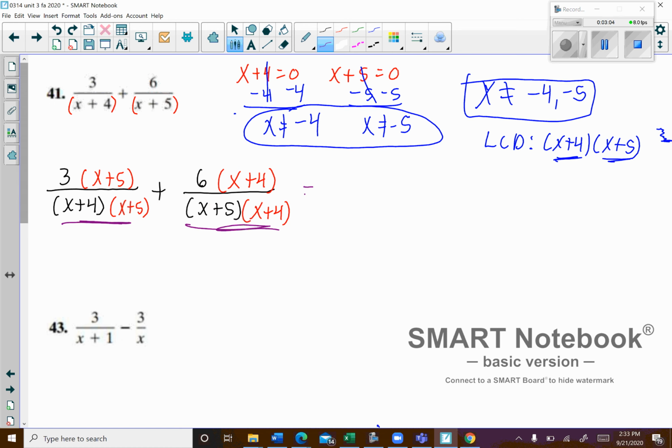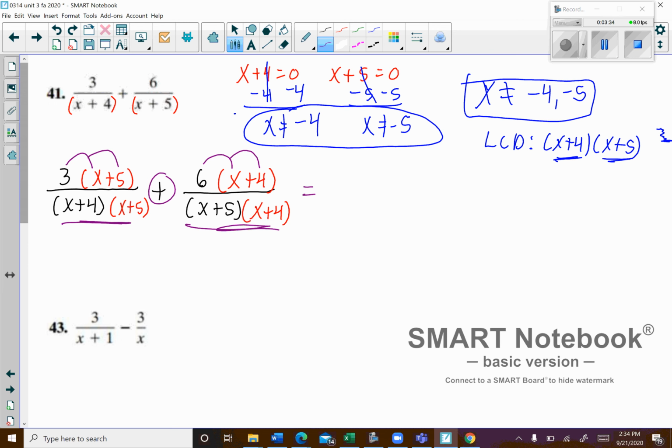Then what's left for me to do on top is simplify this. So I'm going to have to add, and I'm also going to have to distribute. You'll notice here I want to distribute the 3, and I'm going to distribute the 6. You don't have to distribute right now if you don't want to, but I think I would, because if you don't distribute, students will make a mistake.